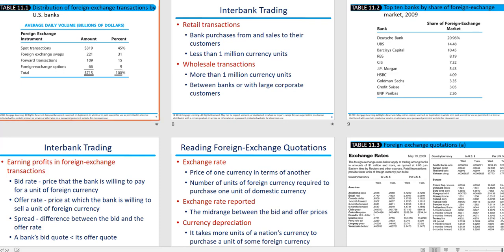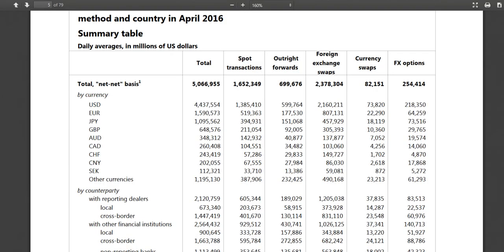Now let's look at the recent data from the Bank for International Settlements. On page 5 of the PDF we were just looking at, you have the breakdown of spot transactions, outright forwards, foreign exchange swaps, currency swaps, and foreign exchange options. And you see that the foreign exchange swaps are now taking a big chunk of the transactions done. The spot transactions still have a huge relevance, but are no longer the primary instrument used.